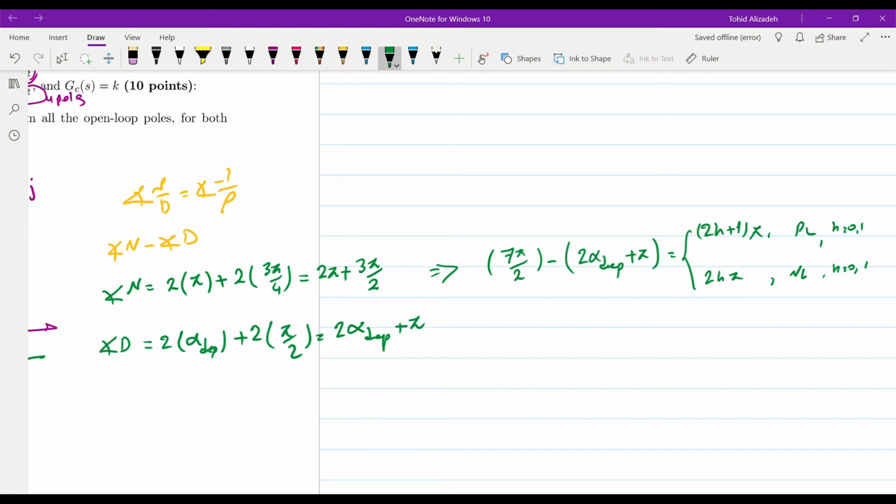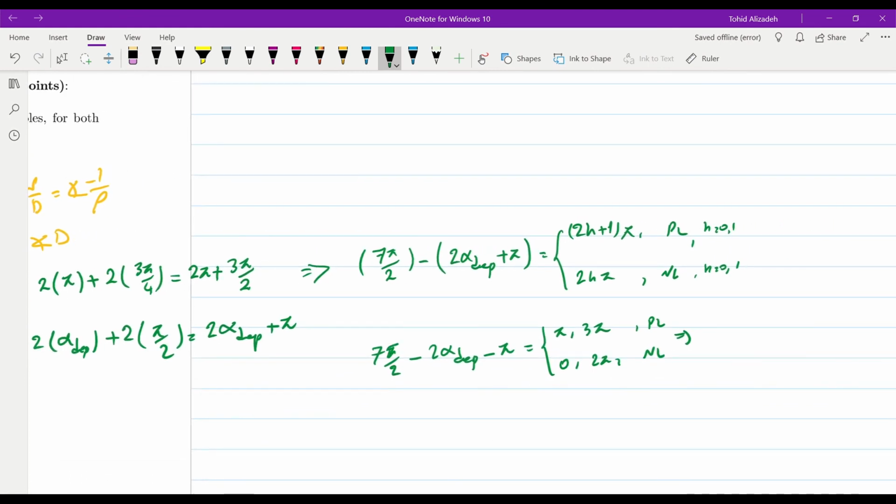And now we just need to simplify to obtain the value for alpha departure. Let me rewrite it: 7 pi over 2 minus 2 times alpha departure minus pi is equal to, if I replace h with 0 and 1, pi, 3 pi, 0, 2 pi for positive locus and negative locus.